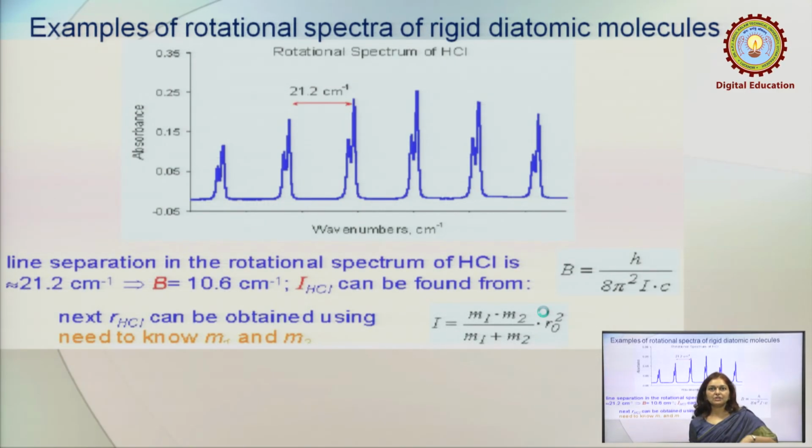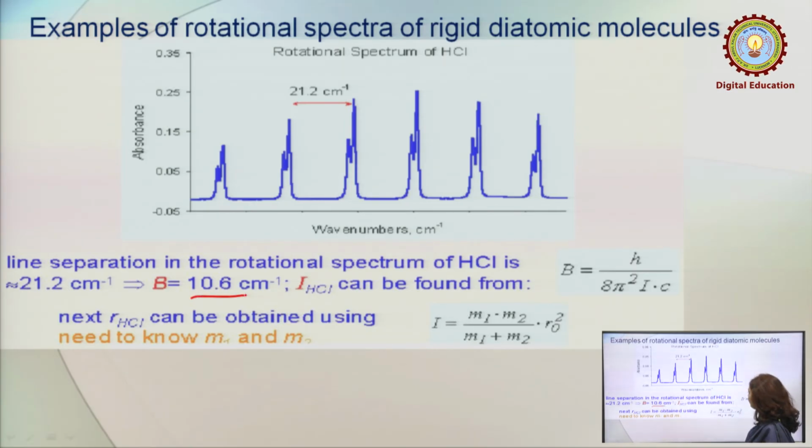Example of rotational spectrum of a rigid diatomic molecule. This is the rotational spectra of the HCl molecule, where the value of B is 10.6. The line separation, as you already know, is 2B in each case.